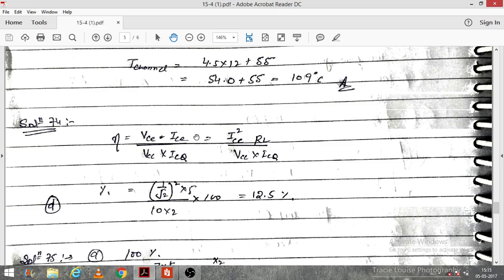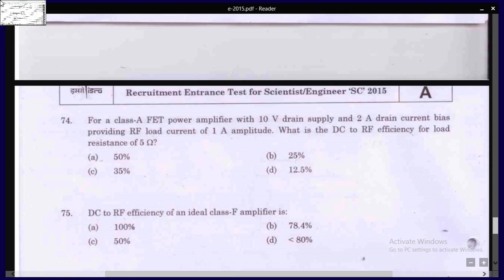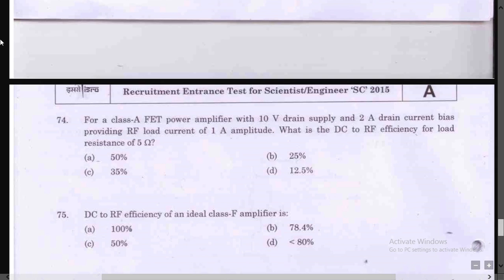Now by putting this value, with the RF power being IC square over RL, over VCC into ICQ. Here the IC is 1 ampere, but we have to take the RMS value, that is 1 by root 2. So that is why we are taking 1 upon root 2. Taking the square of that value, multiplying by R 5 and dividing by 10 into 2, that will be 12.5%. This is the appropriate answer, which matches option D in the given options.